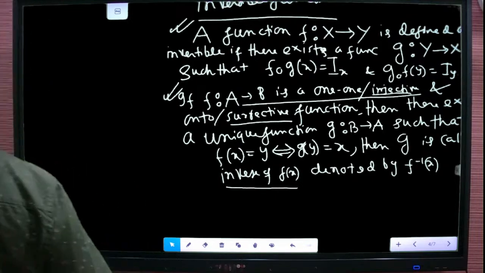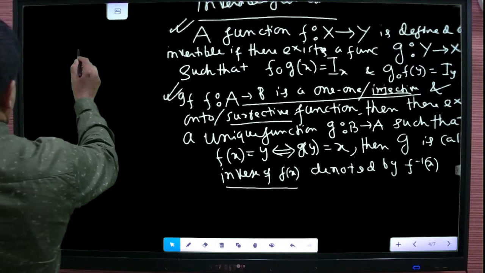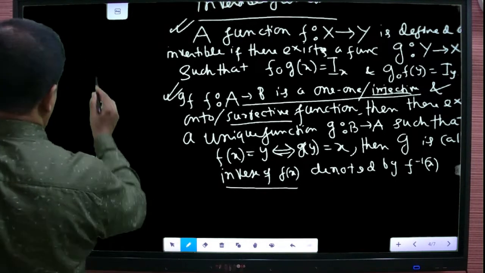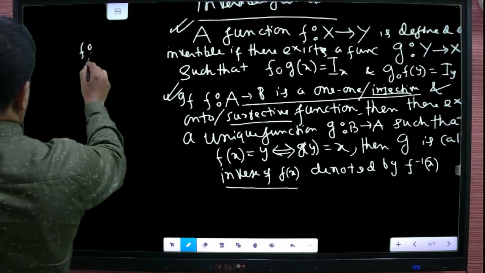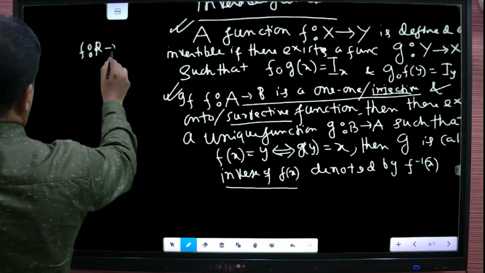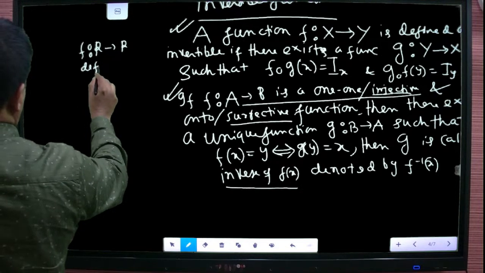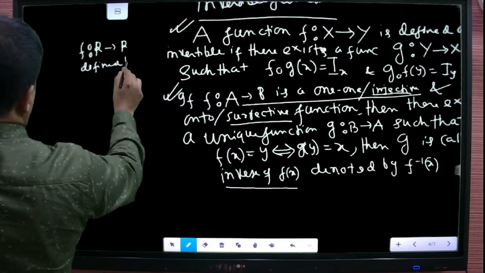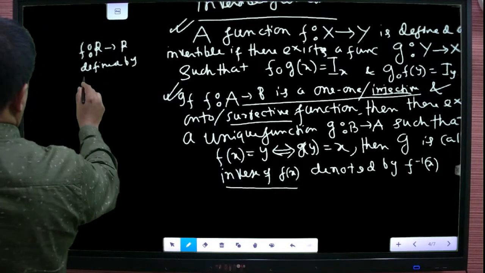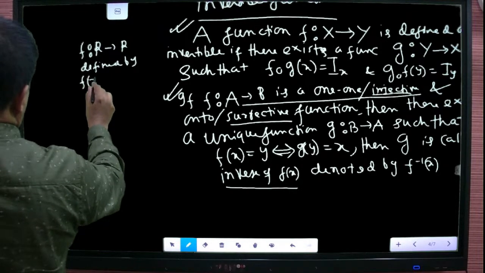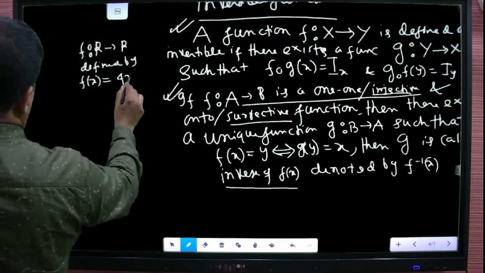See, there is a function f that maps from real numbers to real numbers, defined by f(x) is equal to 4x plus 3.